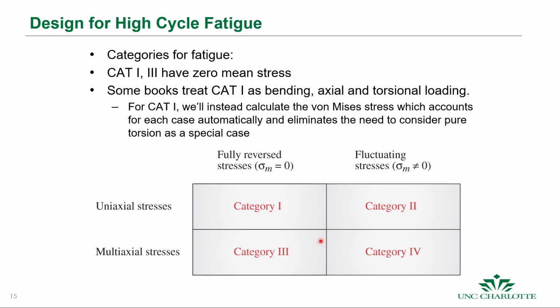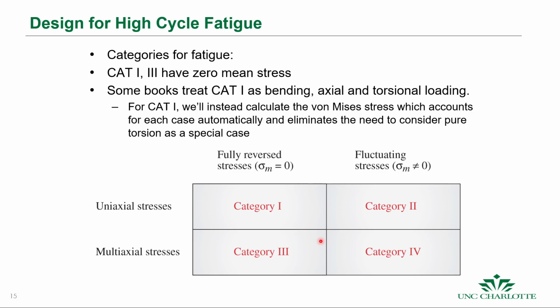And so the more academic, scientific, and pragmatic approach is to just calculate the von Mises stresses. When we do that, it accounts for each different case automatically, including bending, axial, and torsional loading.